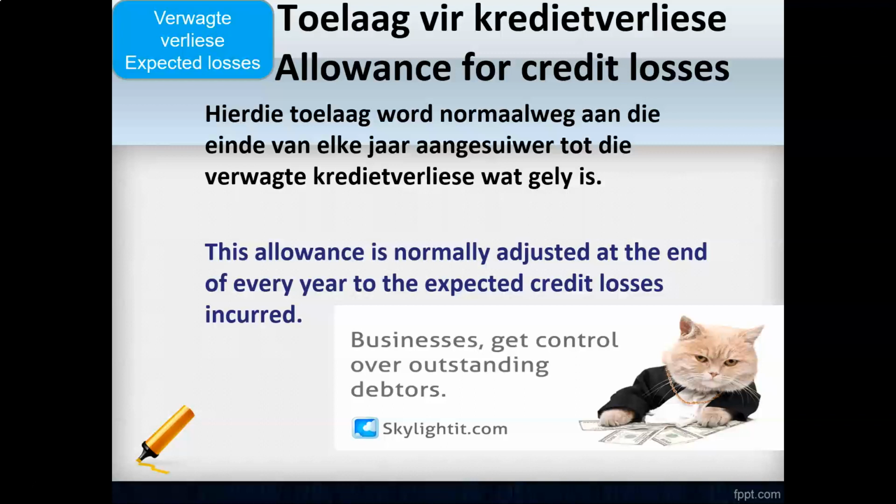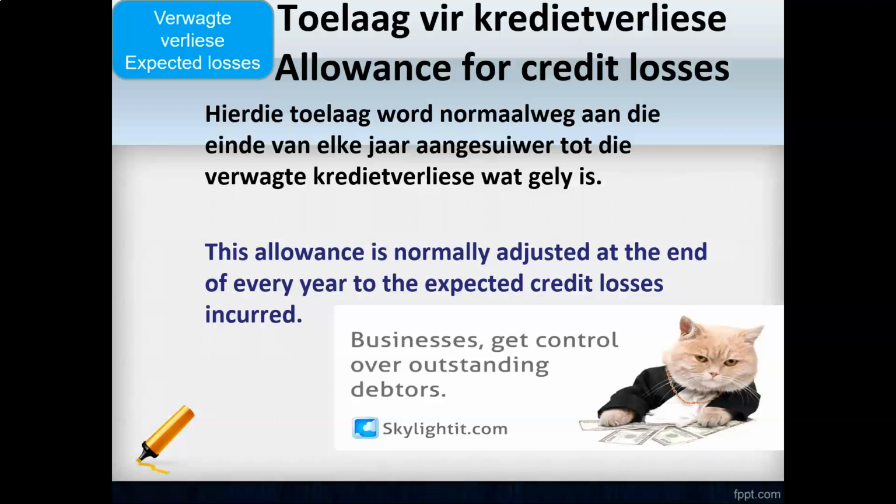So what am I going to do then? If I'm then going to create an allowance for credit losses, I will say, well, on my outstanding debt at the end of the year, I'm going to take that amount, multiply it by 5%, and that is the allowance for credit losses that I want in my books at the end of the year.